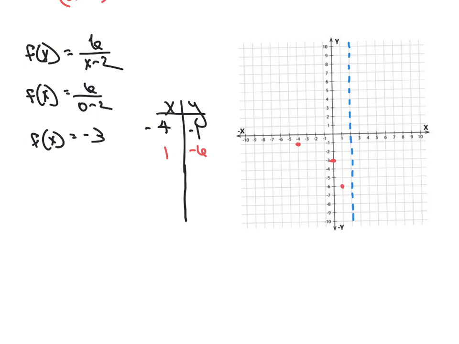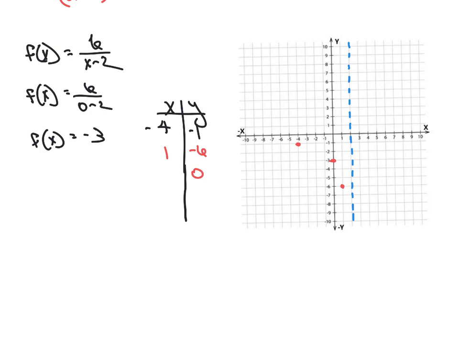Okay, and let's put in a 0 for x to find out where it crosses the y line right here. Let's put a 0 in for y and find out where it crosses the x line.